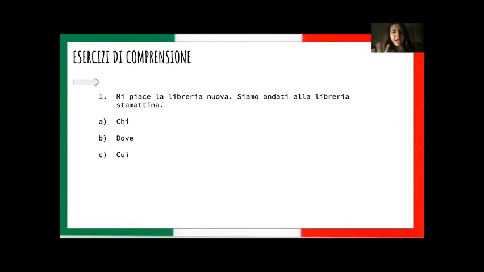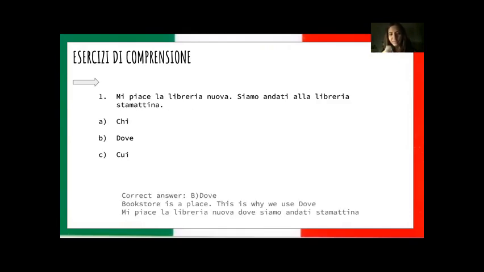Okay, so Jay is saying, I put that answer because it refers to a place. La libreria is the bookstore. All right, very, very good. So let's see what the answer is. The answer is dove, because that libreria, the bookstore, is a place. This is why we're using dove.